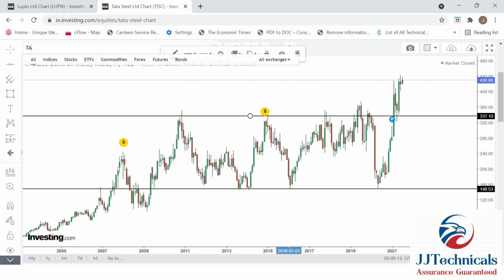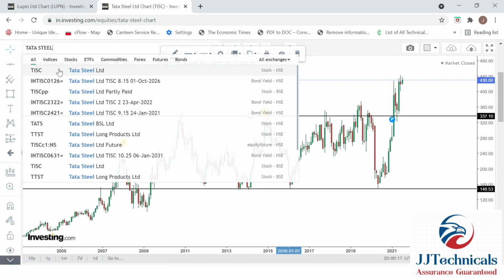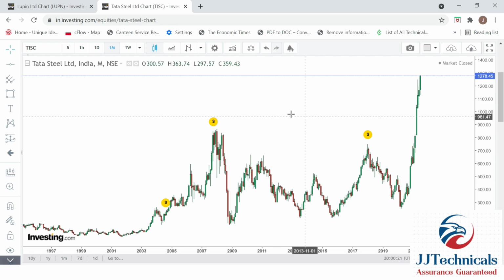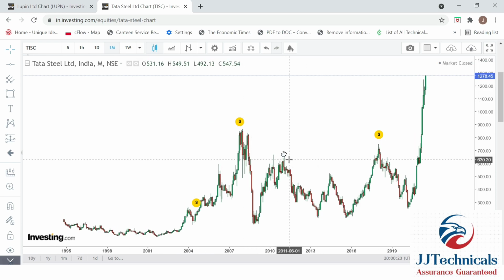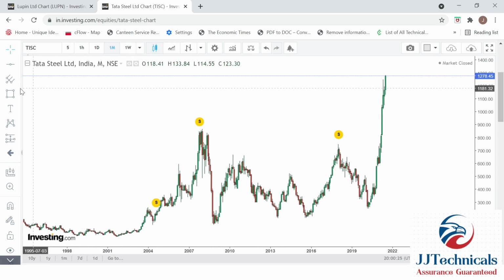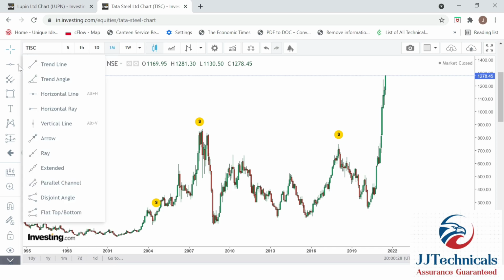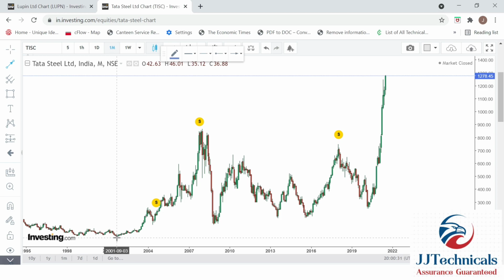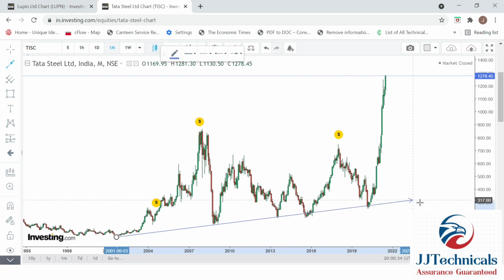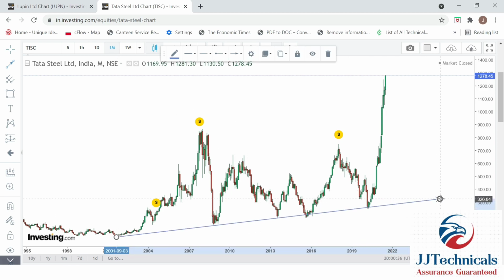And if you want to see another example, I'll show you another example. I have informed my subscribers to buy Tata Steel. So if you see here, this is 2001. From 2001, see how exactly it is taking support.